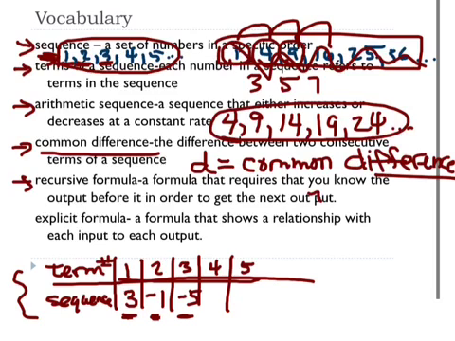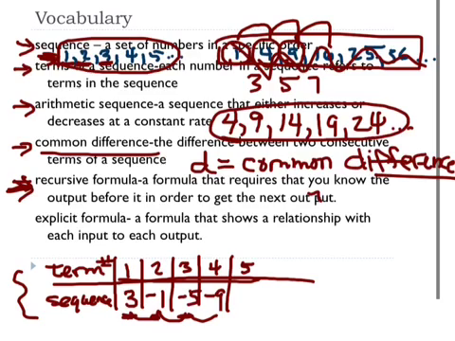Hopefully you guys can see that this is most likely an arithmetic sequence. We move from 3 to -1. That's a movement of -4. We're going down 4. We do that again. If we do it one more time, the fourth term in the sequence should be -9. What should the fifth term be? Notice every time we look to figure out the next term, we go to the previous output.